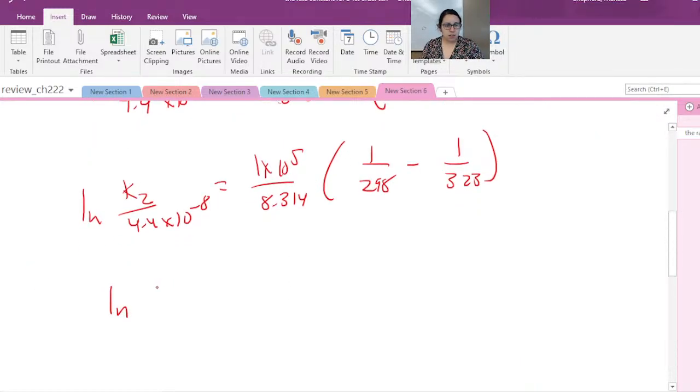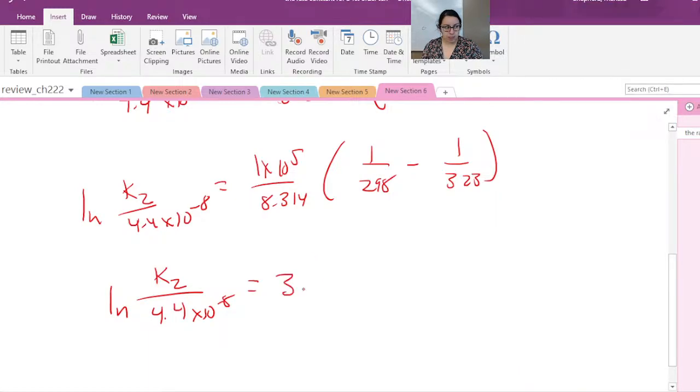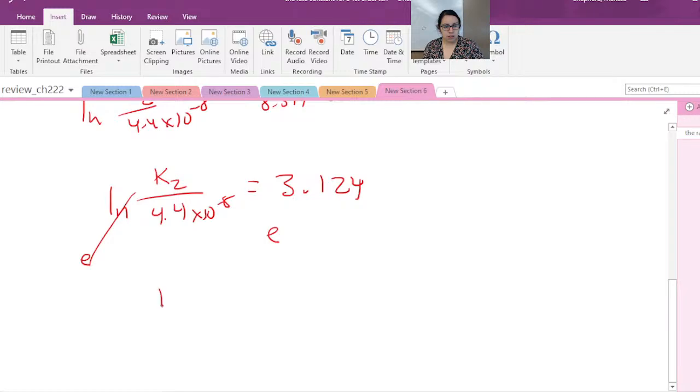So natural log of K2 over 4.4 times 10 to the negative 8th is equal to 3.124. And then from here, do we remember we take everything to the e power so we can get rid of the natural log.